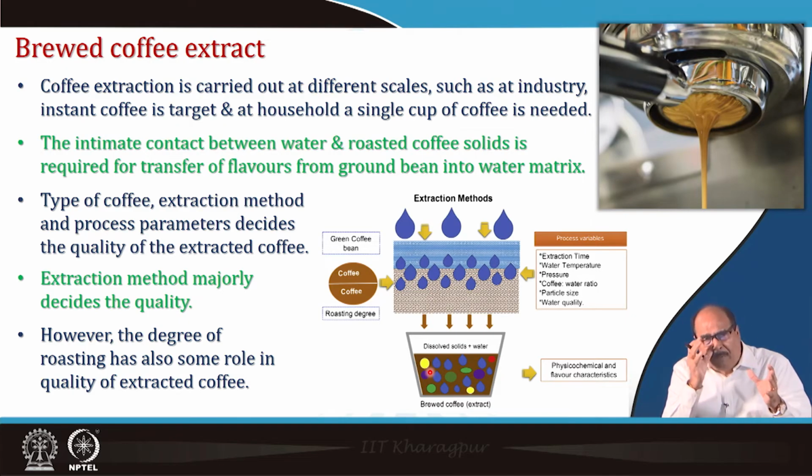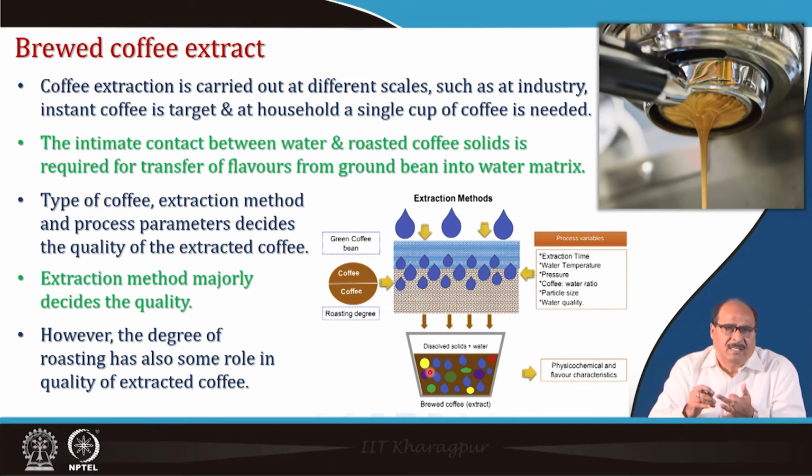Here for brewing purpose, for extraction purpose, as you can see in this figure, intimate contact between the hot water and roasted coffee solids is required for transferring of the flavors from the ground coffee bean into the water matrix. Types of coffees, extraction methods and process parameters decide the quality of the extracted coffee.